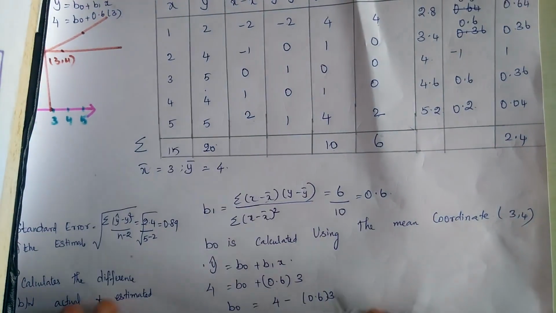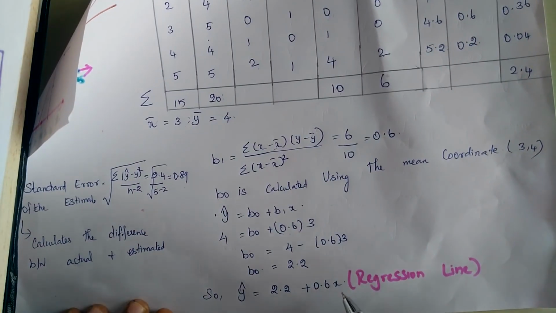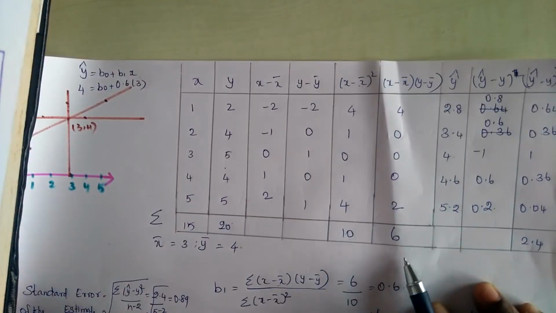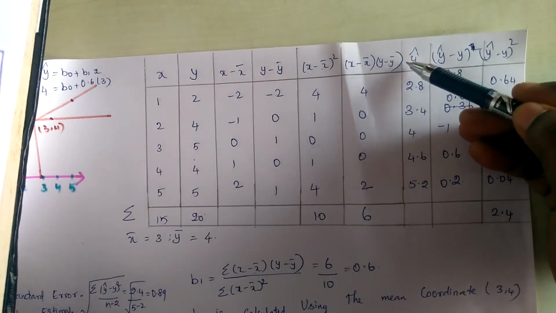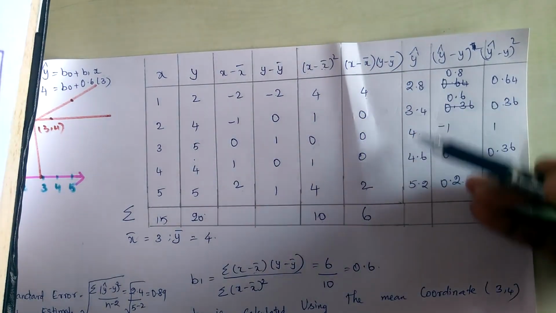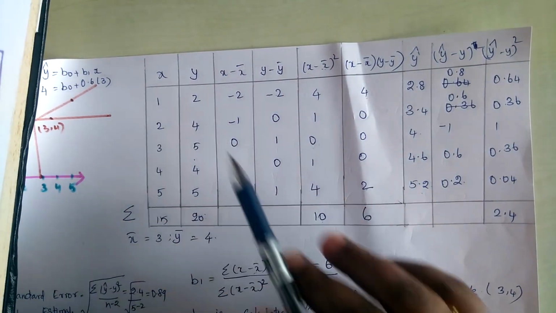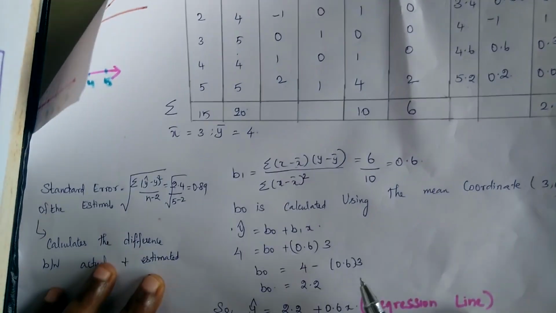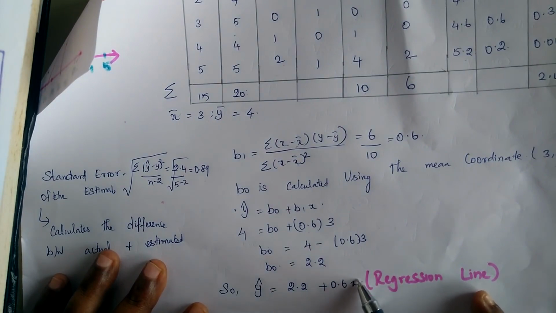What we can do is use the straight line and find how it deviates from the actual values. We have found the y cap, that is the predicted or estimated values for the given y. So by substituting the x value in this equation, we can predict the value of y again.